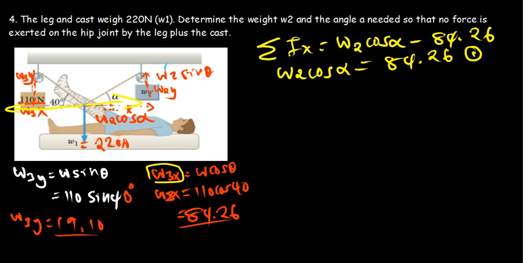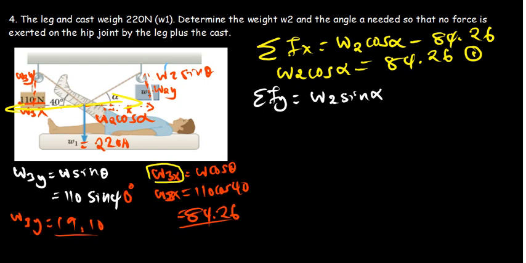We also have the forces in the y direction. What are the forces? We have this force, W2 sin theta, sorry, it's supposed to be sin alpha. It is going in positive y, that's why it's positive.